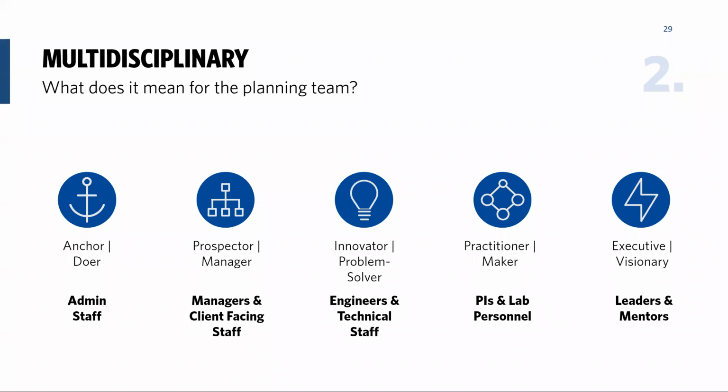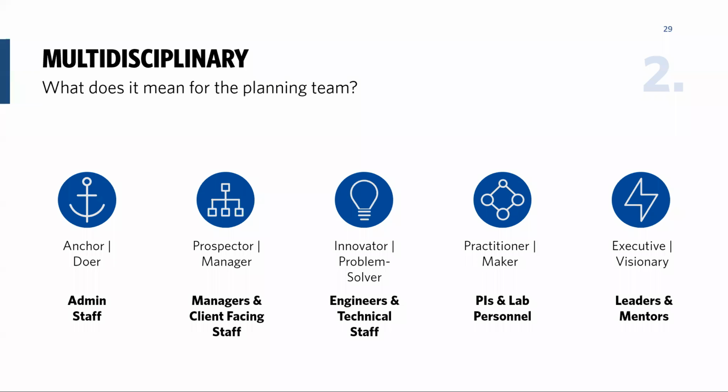The next trend is a shift towards more multidisciplinary labs. One implication for the planning team is that there are different personalities in one space with different needs and work styles. Traditionally, we maybe only had a couple of these personas, like the practitioner, some support staff, and lab technicians.